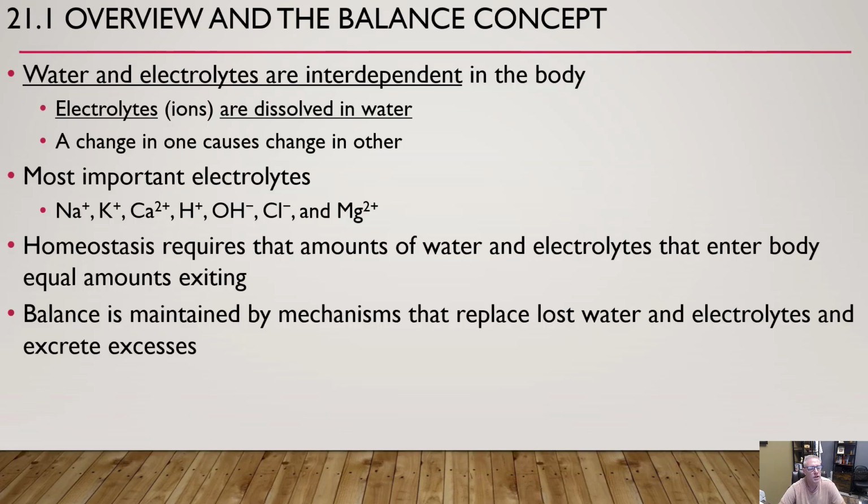All right. Okay, so water and electrolytes. We've mentioned this several times now that water and electrolytes are interdependent in the body. The word interdependent just means that electrolytes or ions are dissolved in water, and that usually a change in one causes a change in the other.